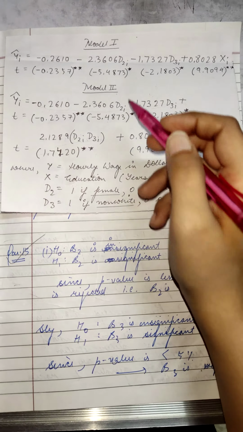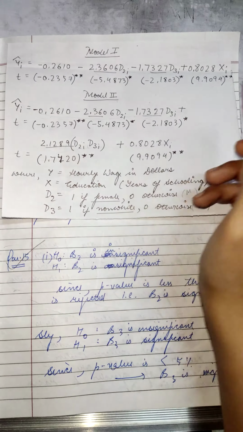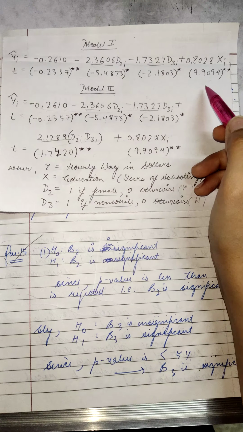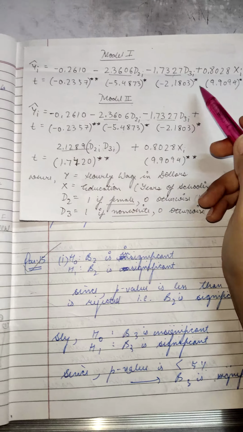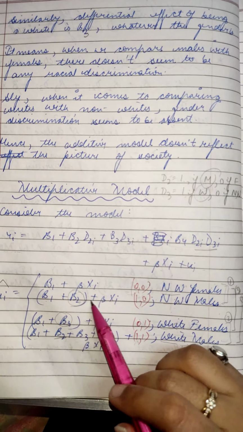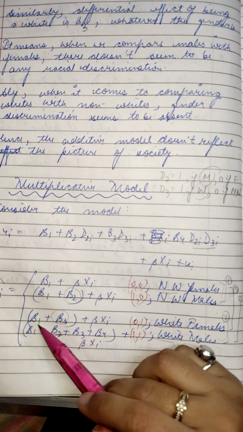That means I need to check beta 2, beta 3, and here again beta 2, beta 3 and beta 4 for their statistical significance, because ultimately these act like the differential intercept coefficients now. Like you can see here, these beta 1, beta 2, beta 3, beta 4 are the ones who act like differential intercept coefficients. So I need to check their significance. Also this model is very interesting.